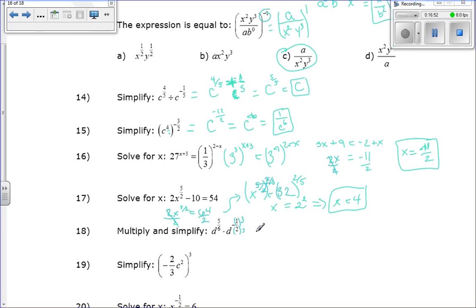So we will have e to the 5/6 plus 3/6, which is e to the 8/6, which reduces to e to the 4/3.